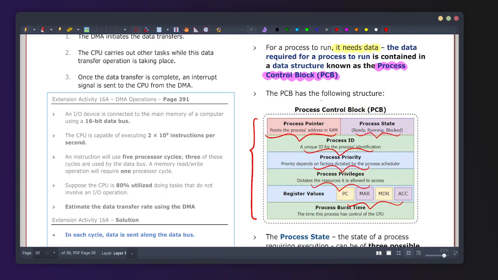We know that it restores it from the process control block, because the process control block contains the associated PC, MAR, MDR, and ACC values. So if a process can't take place now, the data would be stored in the PCB so that it can be retrieved later. And finally, the process burst time, which is basically how much time the process would occupy the CPU. Right, that's the process control block and the sort of things you would have inside the PCB.